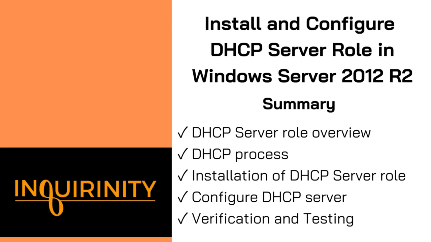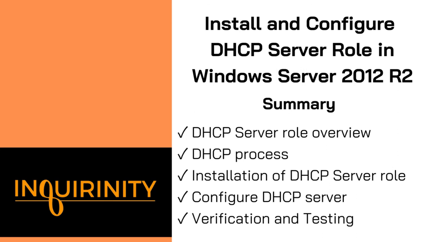So in this video, we installed and configured the DHCP server role in Windows Server 2012 R2. As a summary, we briefly discussed the DHCP server role and also the DHCP process. Then we proceeded to the DHCP server role installation and the required features. We configured our DHCP server and committed to the creation of security groups.